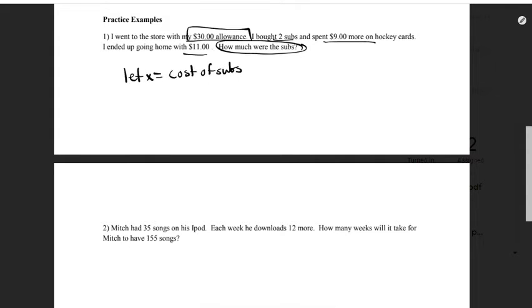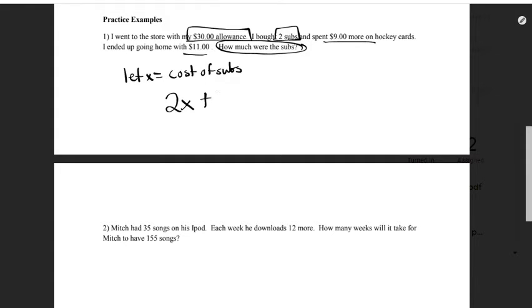So I look up here and it says that I bought 2 of them. That tells me that I'm going to have 2x, because how much they cost? If they cost $12, 2 times 12 is 24. That's where I put the x in, because it's what I'm looking for. How much were the subs? And so if I had 2 of them, 2 times whatever they cost.